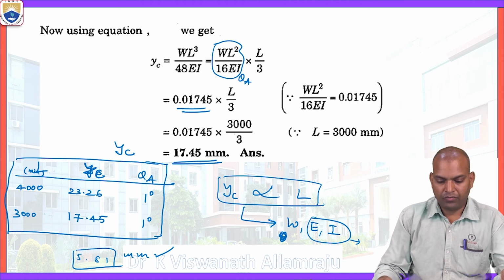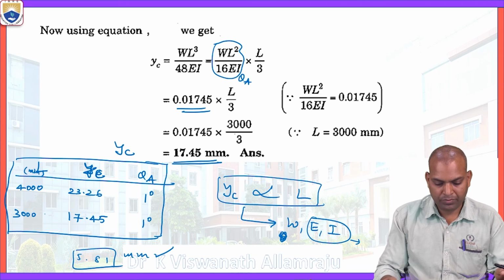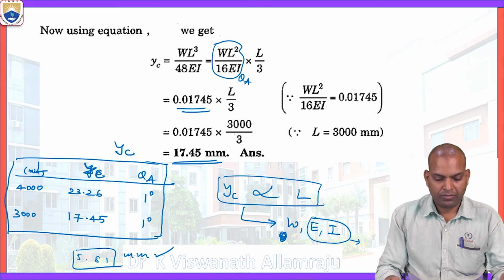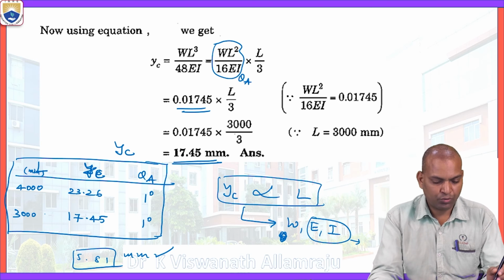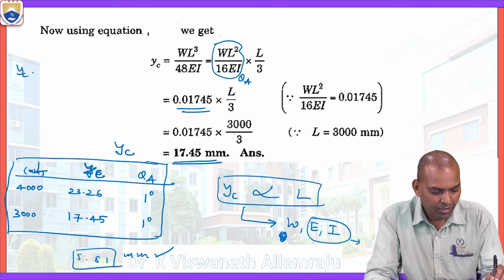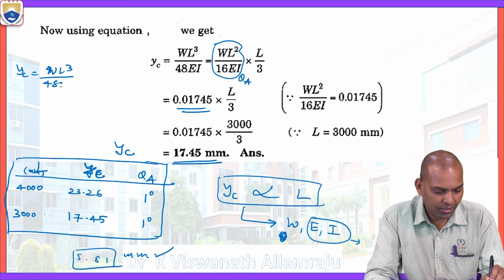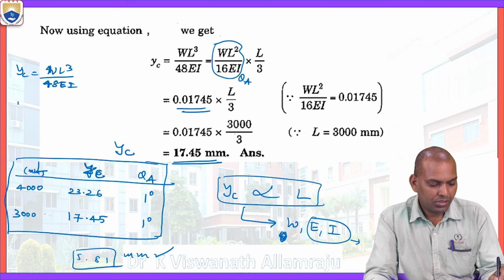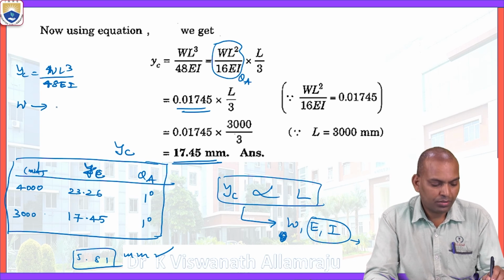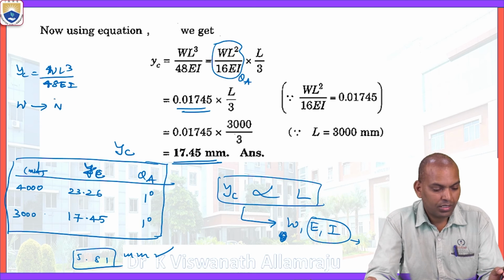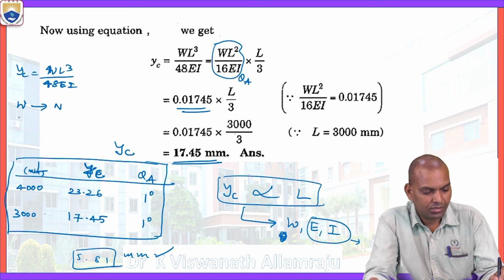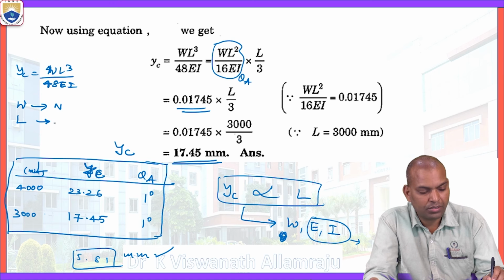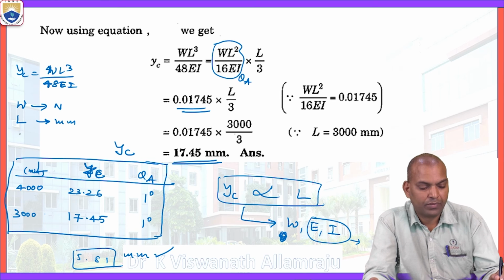So what are the units? We have the formula WL cube by 48 EI, where W is the concentrated load in newtons, and L is the span of the beam in millimeters.